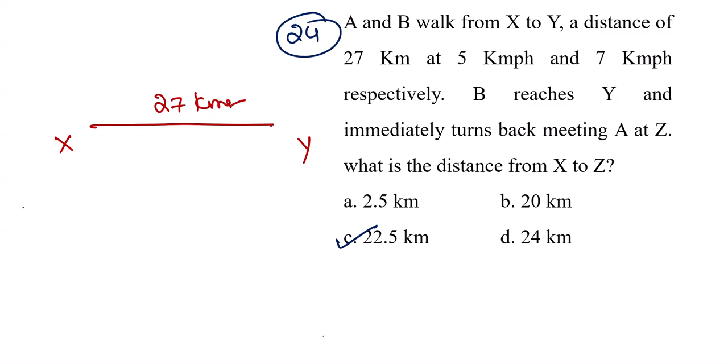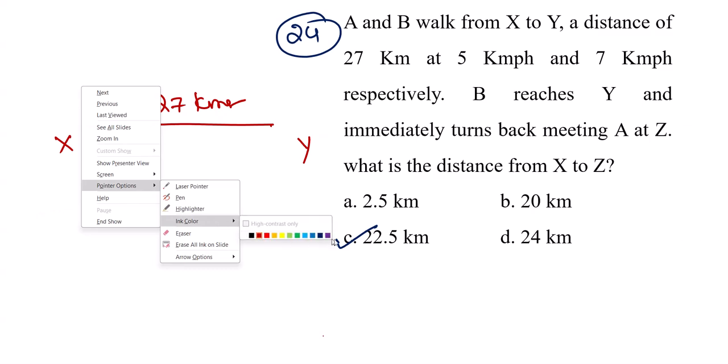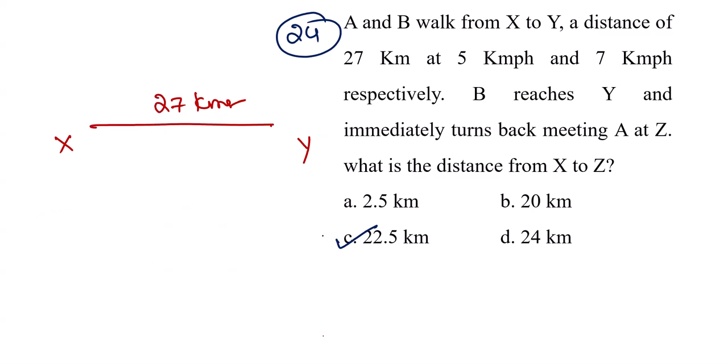A's speed is 5 kilometers per hour, B's speed is 7 kilometers per hour. As B's speed is more, he started at X, reached Y, then he returned and came up to a certain position, that's nothing but called Z.